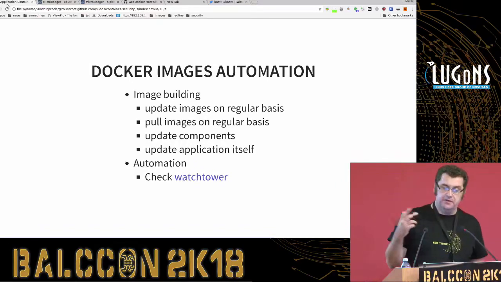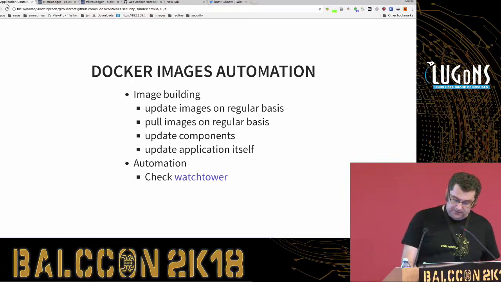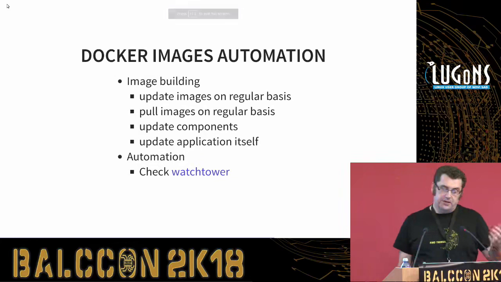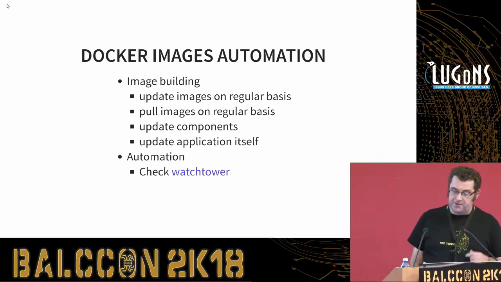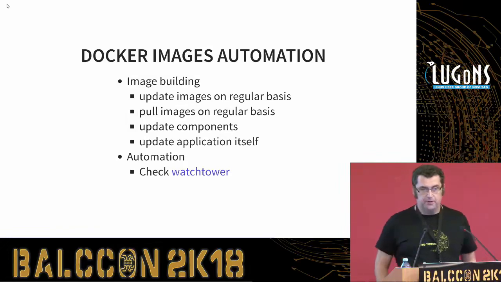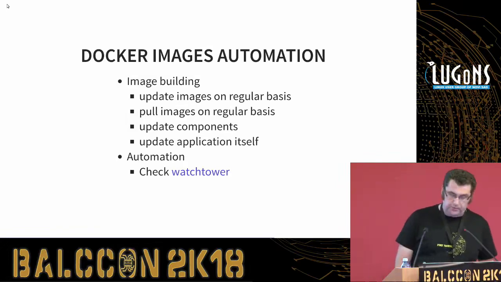So it will check if there is a new one, and if there is, it will automatically update. So you don't have to waste your time on boring system administration stuff, checking whether we have an update and then running it. This Watchtower is quite good if you're looking at automatically updating your containers.